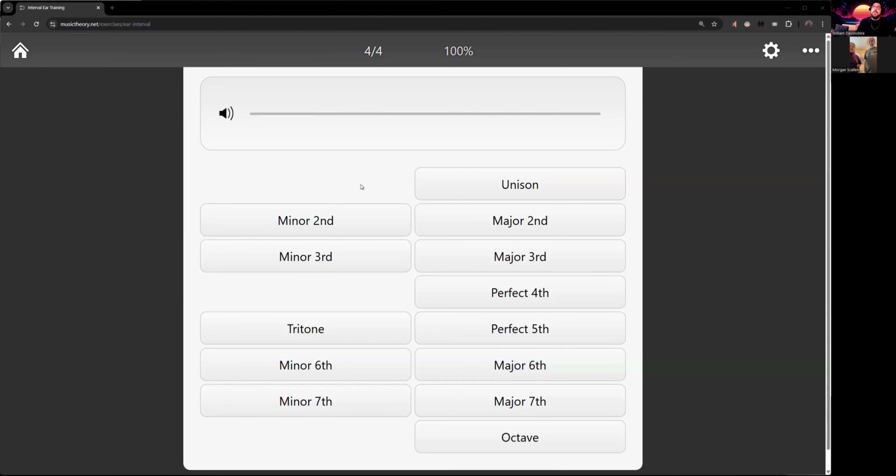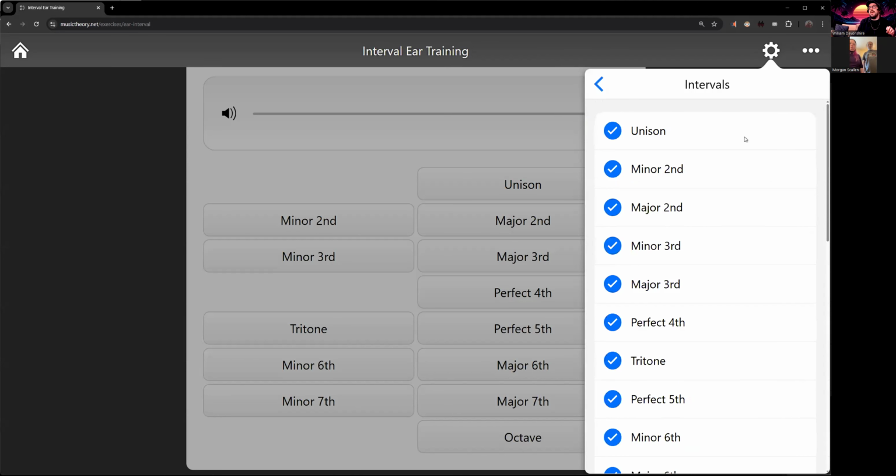But one thing you can do with this website before we wrap up is click this gear icon up here. It can be useful to do all of the different intervals together, but sometimes it can be more useful to break it down to just a few.